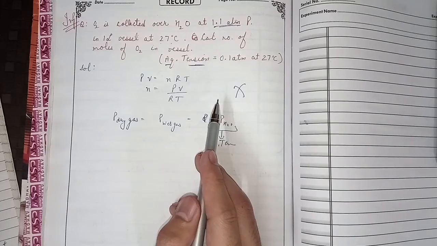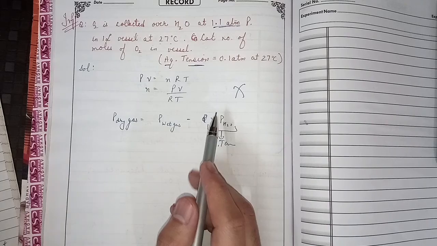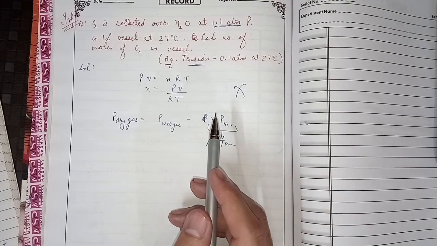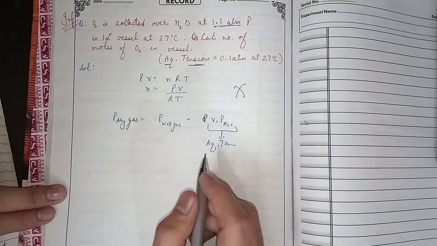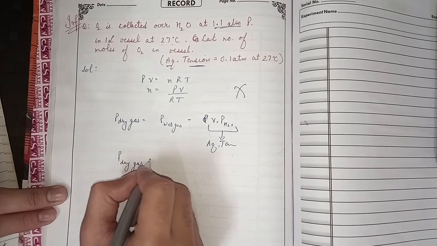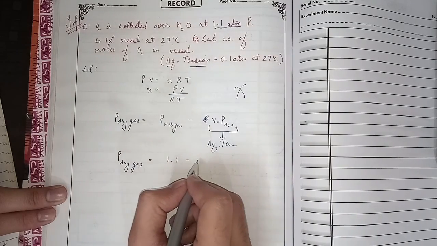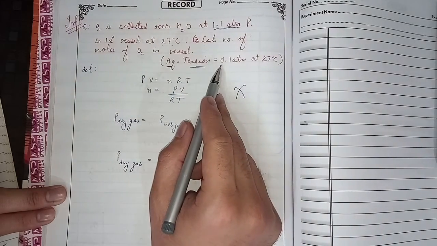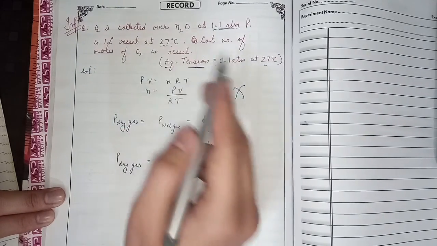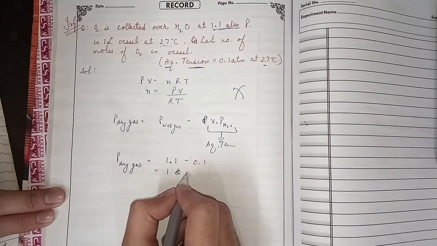The only change in the question is in the pressure, which is because of the water vapors, because when oxygen and water droplets are together, we are calculating their net pressure. So the pressure of dry gas is equal to the pressure of wet gas, which is 1.1 as given in the question, minus aqueous tension, that is 0.1 atmosphere at 27 degrees, and our problem is also at 27, so we subtract this and the net pressure of dry gas is 1 atmosphere.